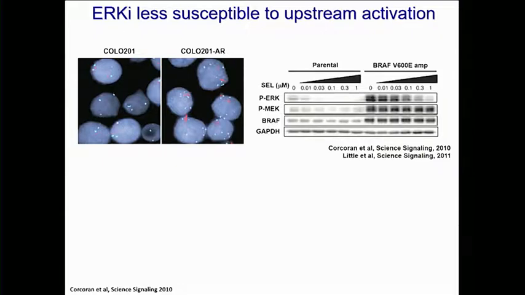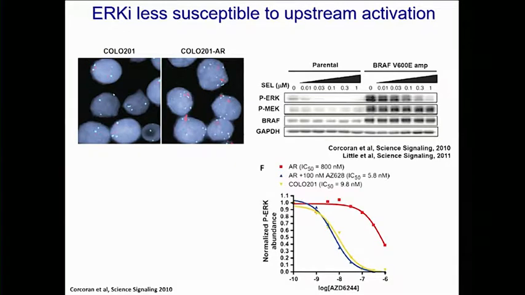Interestingly, with a MEK inhibitor now, instead of having very potent suppression of MAP kinase pathway, we had about a 1 to 2 log shift in the IC50 of this drug. And what was striking about the pharmacology here was that if you looked at the IC50 of the MEK inhibitor in parental cells in yellow versus resistant cells in red, you have this nice large shift.